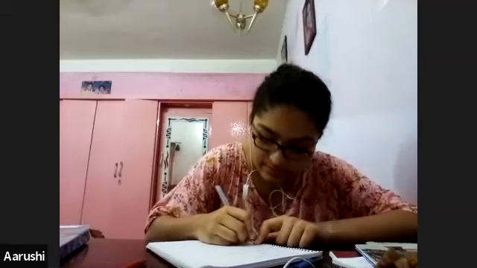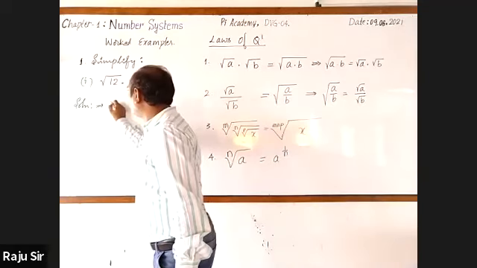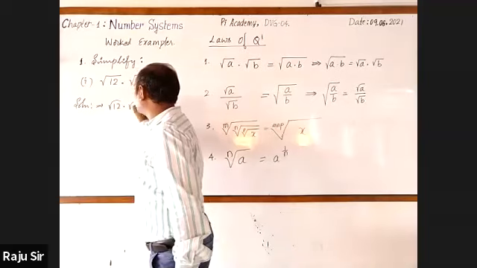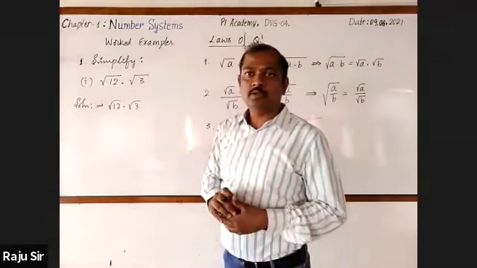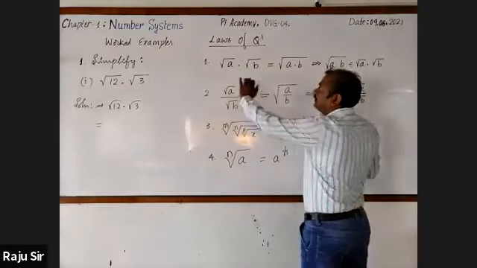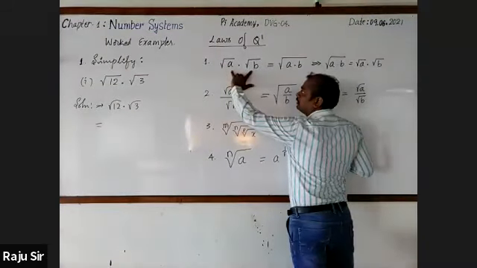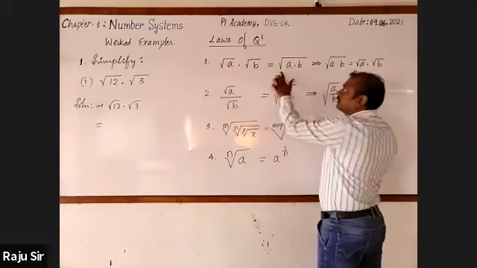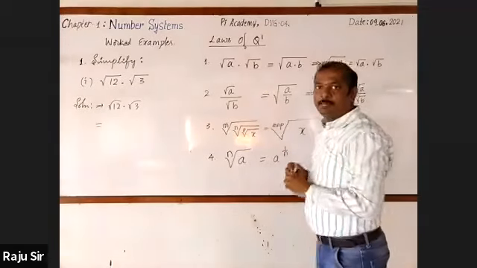You can write the given statement as it is: root 12 into root 3. We are in the form root a into root b, which is equal to square root of ab.